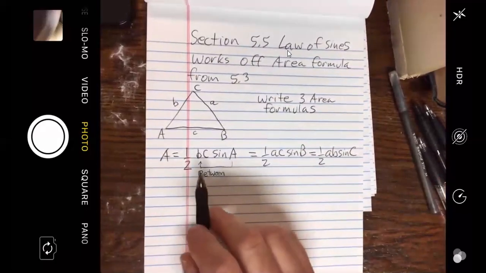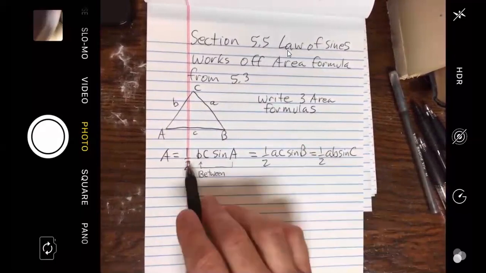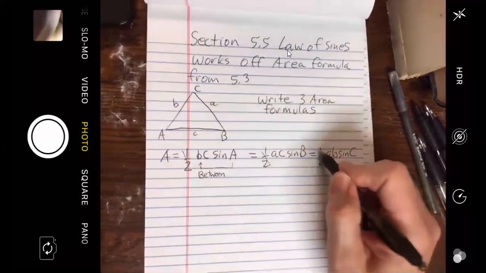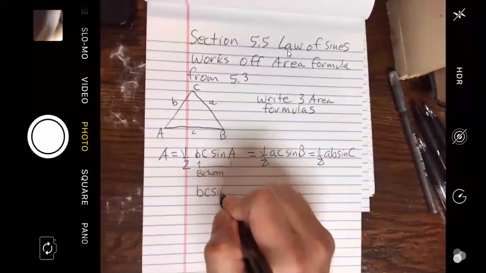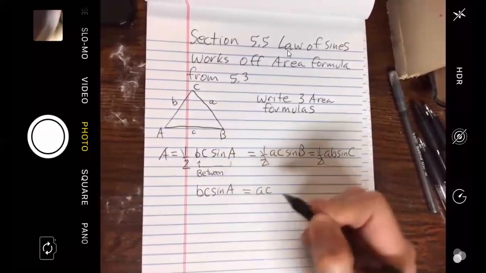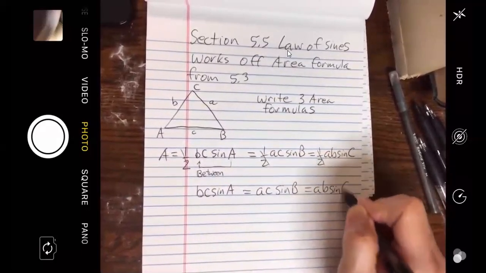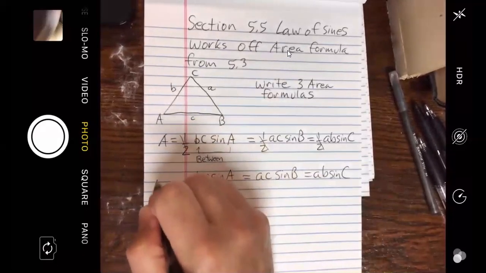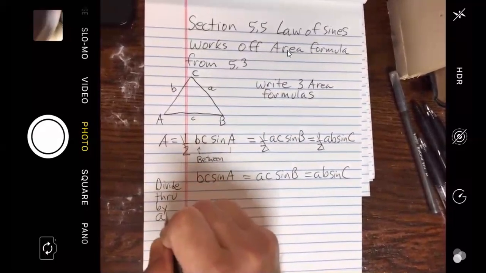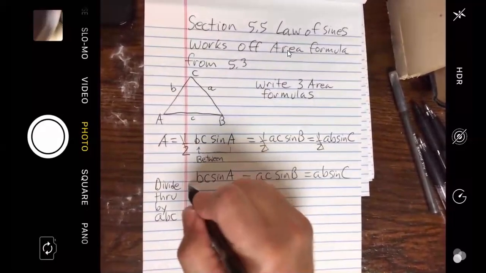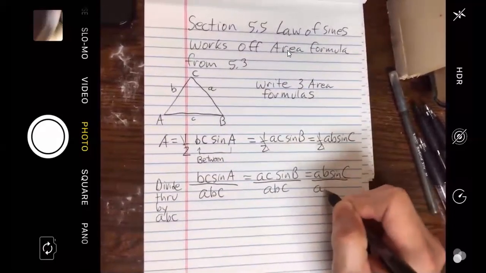Now, just to shorten it up, everything's got a factor of 1/2. You can get rid of it, multiply everything by 2, giving you BC sine A, AC sine B equals AB sine C. Divide through by ABC. It's as easy as ABC.